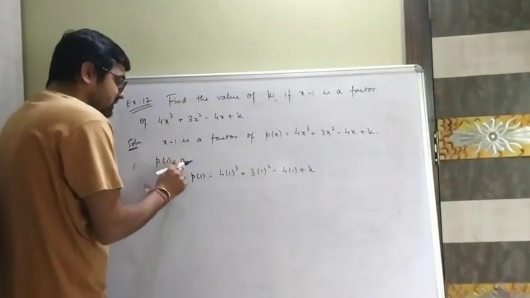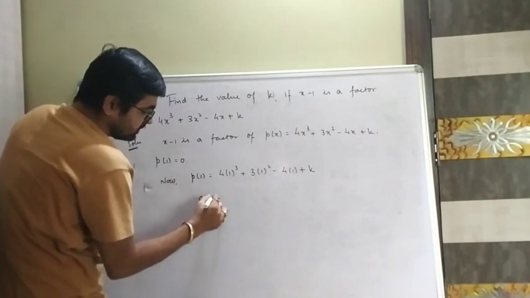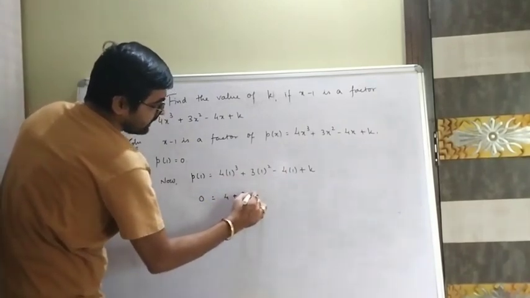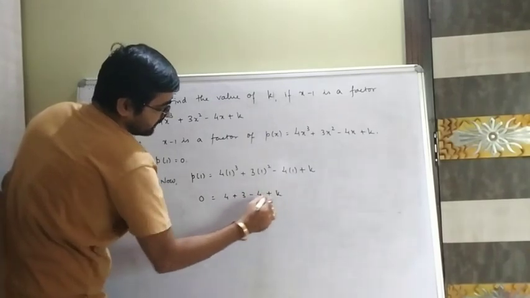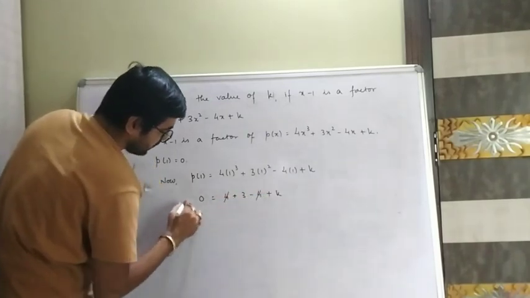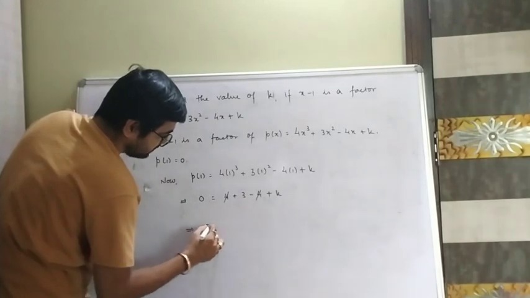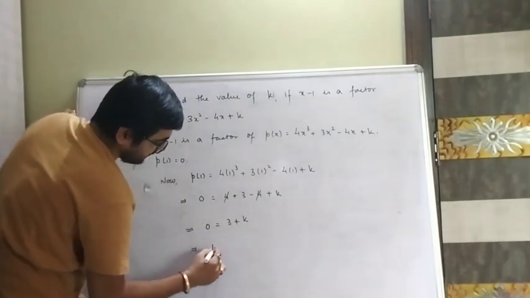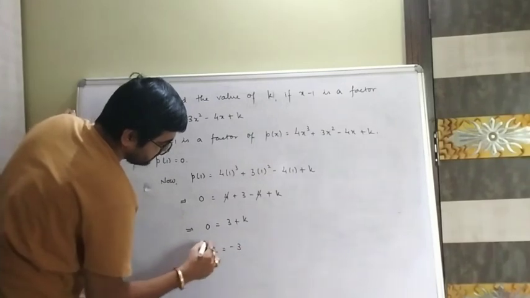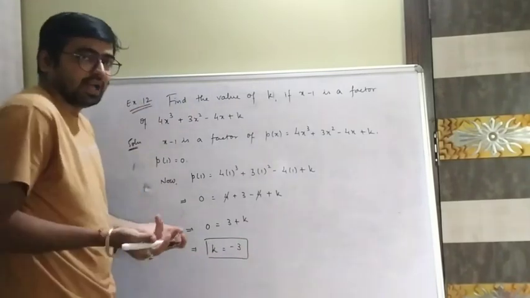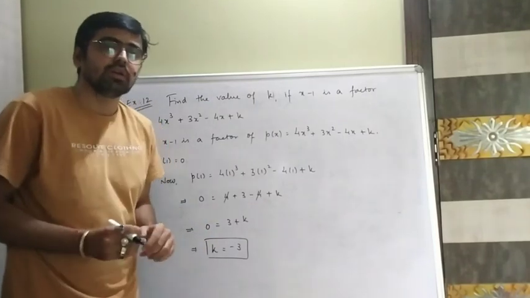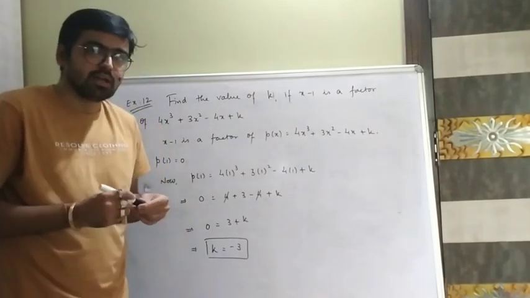Now I already know that p of 1 is 0, so I can put 0 over here. 4 into 1 cube is 4, 3 into 1 square is 3, minus 4 plus k, plus 4 minus 4 cancel. Correct. So I am getting 0 equals 3 plus k. So I can definitely say that my k is going to be minus 3. As simple as that. Just bring this 3 to the other side, and you will get the value of k. Am I correct?